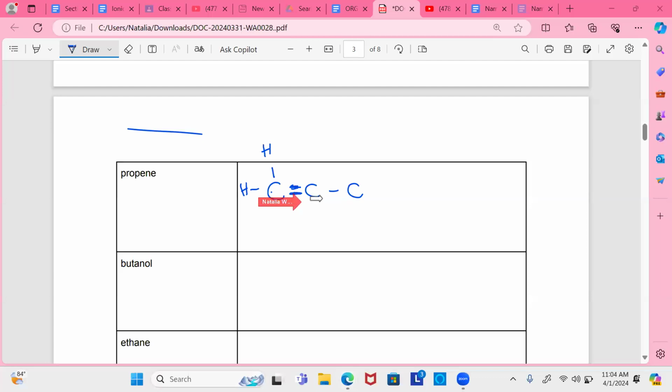This carbon right here is bonded 1, 2, 3 times. So how many H's am I going to add to that carbon? 1. And then the last carbon is bonded how many times? 1. So I'm going to put 3 H's. Clear?